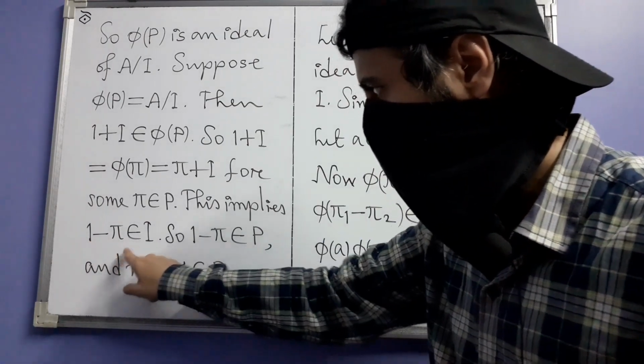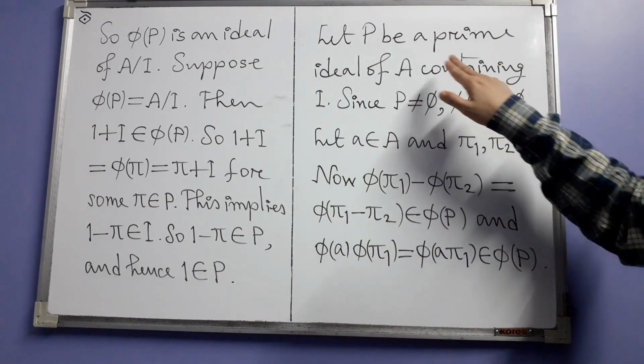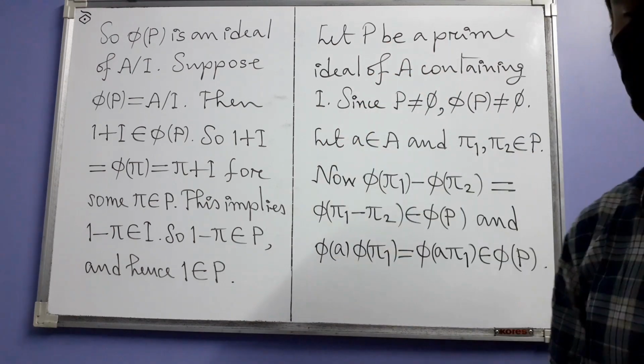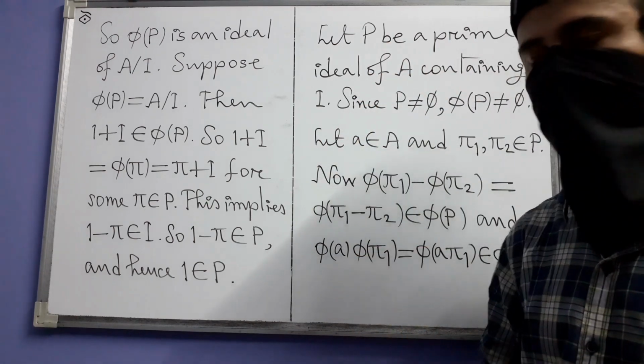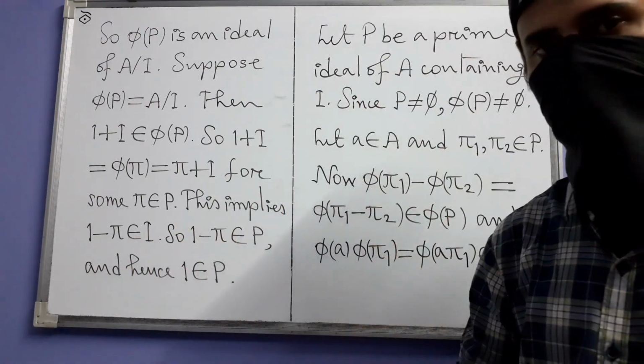So that way 1 minus pi belongs to I. But P is a prime ideal of A containing I. P contains I inside of it. So if 1 minus pi belongs to I, 1 minus pi has to belong to P.